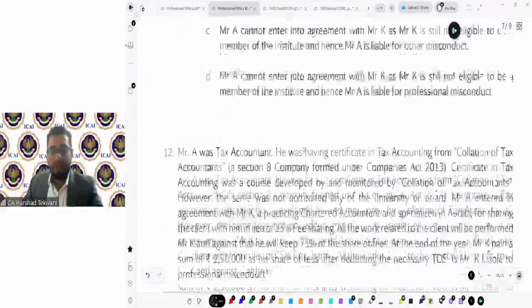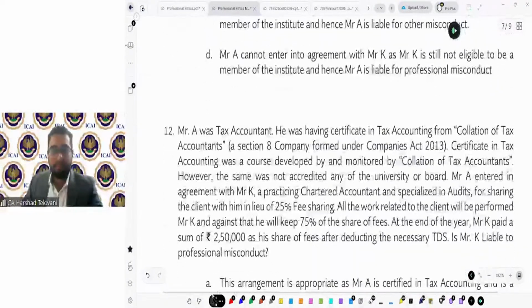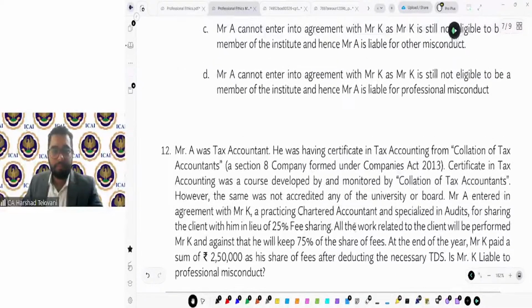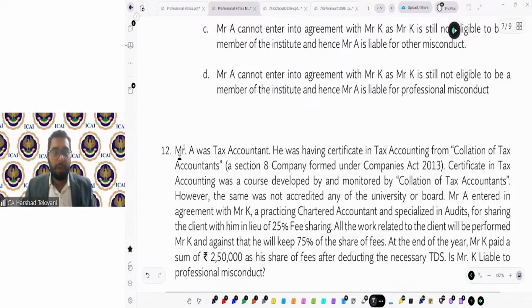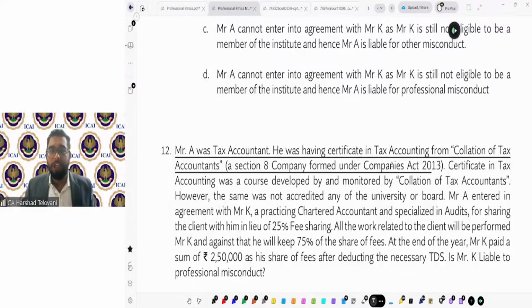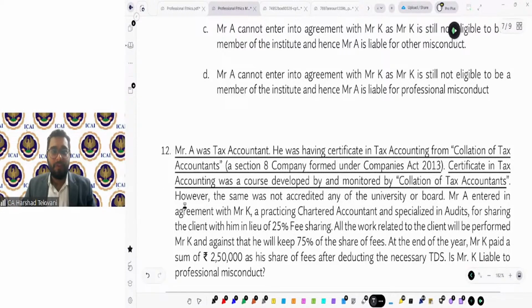Let us see one more question. Mr. A was a tax accountant. He had a certificate in tax accounting from the Coalition of Tax Accountants, a Section 8 company formed under the Companies Act 2013. The certificate in tax accounting was a course developed and monitored by the Coalition of Tax Accountants. However, it was not accredited by any university or board.